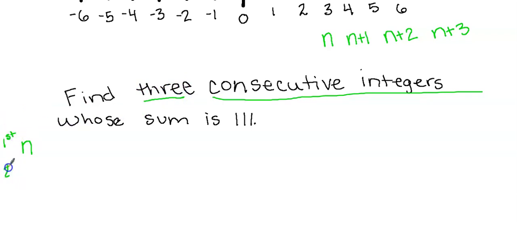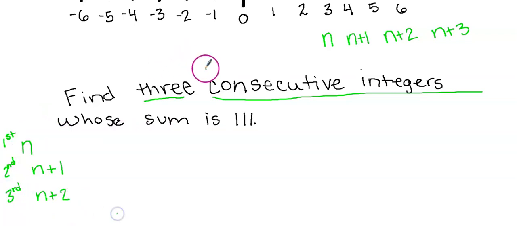My second number would be n plus 1. And my third number would be n plus 2. Remember, we just add an additional amount every time we want a new consecutive integer. So those are the numbers I am trying to find.